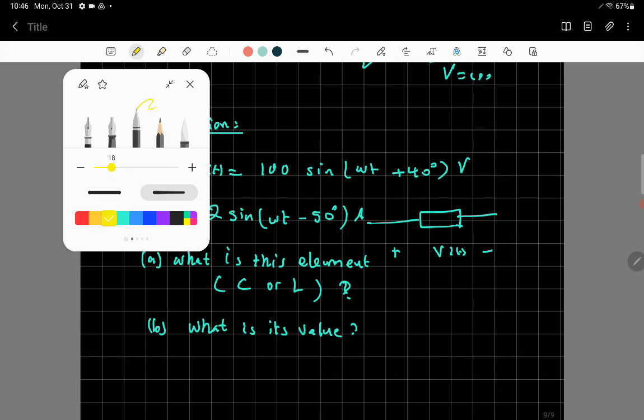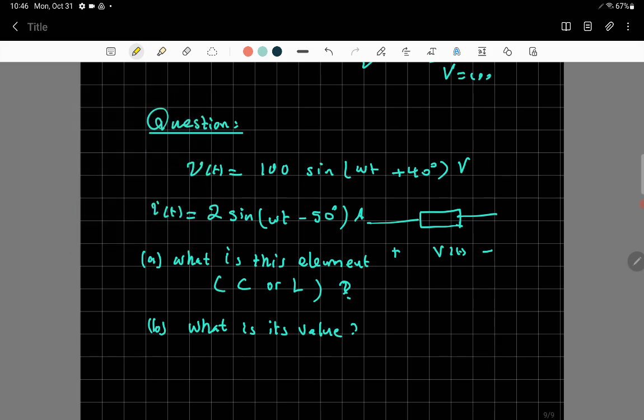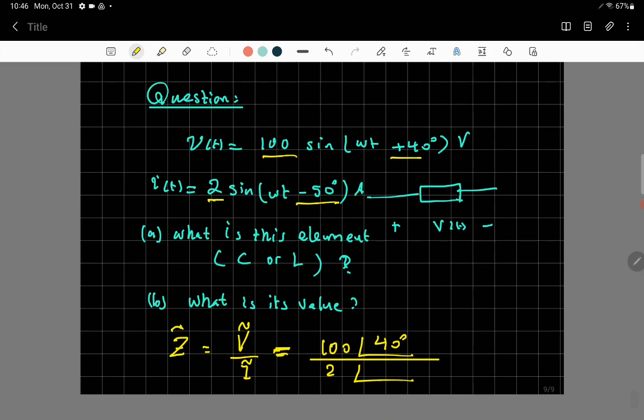Actually, the solution is really easy, because all you're supposed to do is find the impedance. And you know the impedance is equal to the voltage divided by the current. The voltage here in phasor, 100 sine omega t plus 40, is equal to 100 on angle 40. The current's magnitude is 2, and the angle is negative 50.